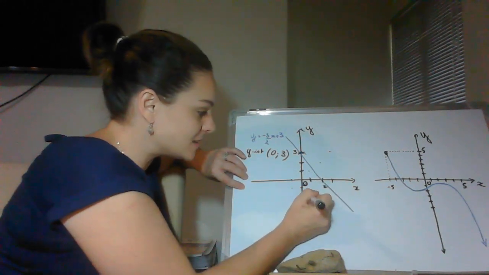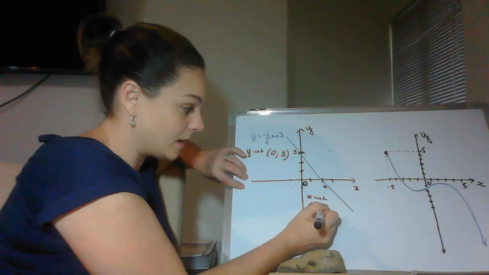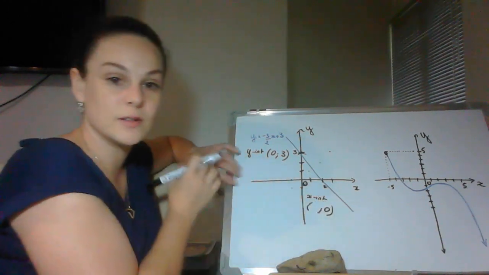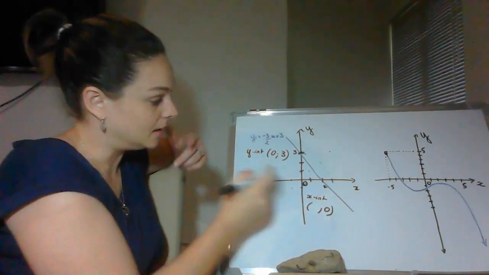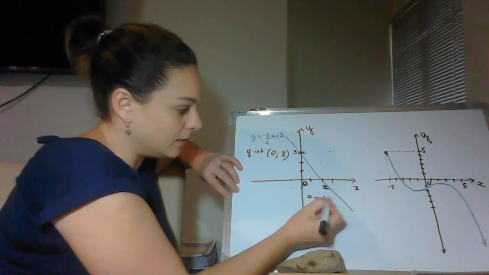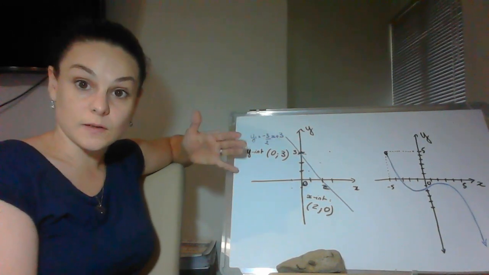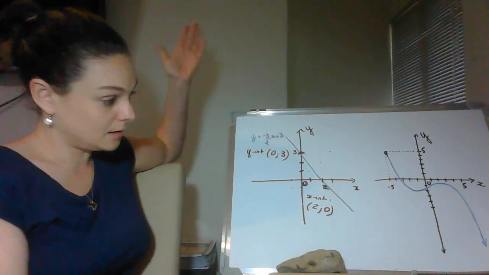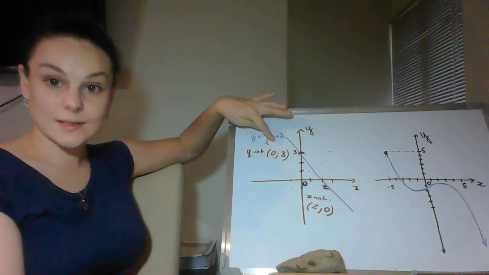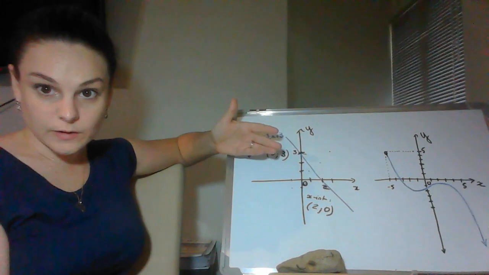So this x-intercept here has a specific x value, but has to have a 0 for y. And here you just read, it crosses at 2, so the x-intercept is (2, 0). Easy. The y-intercept has x equal to 0, the x-intercept has y equal to 0.